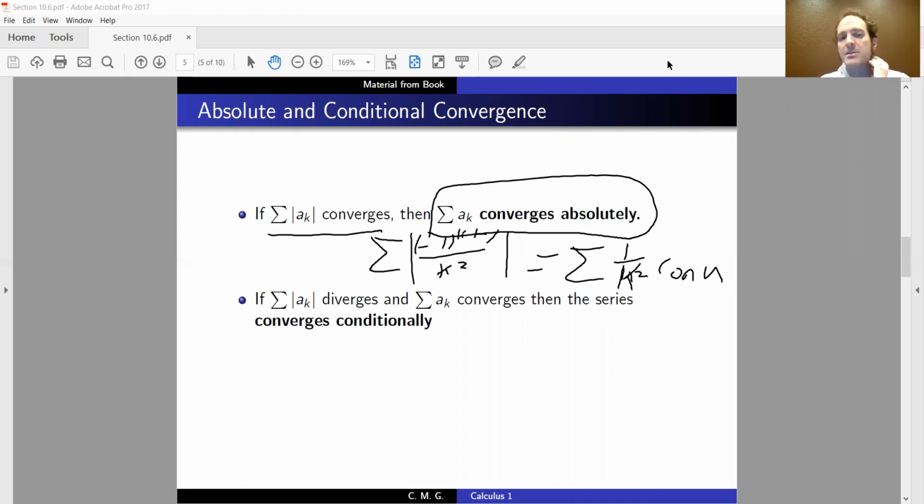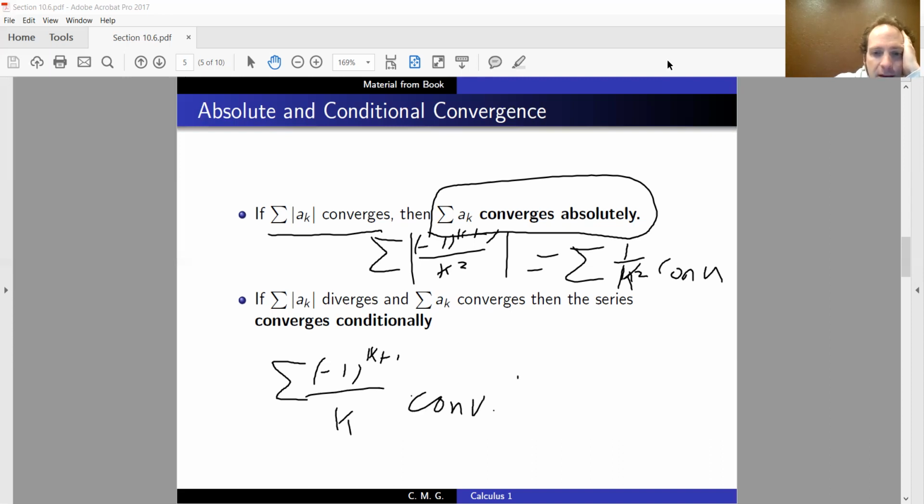If the sum of the absolute values diverges, but the sum of the actual terms converges, I would say it converges conditionally. So it's a conditional convergence. And there are series like this. In particular, the alternating harmonic series is one of these. So if I take the alternating harmonic series, (-1)^(k+1) over k, this converges.